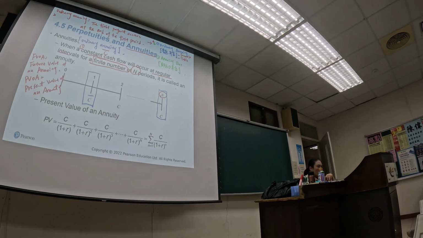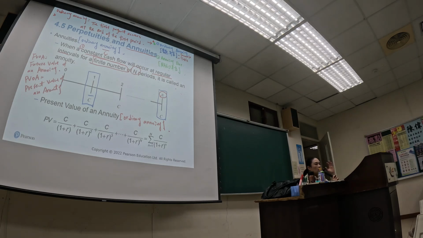So here at the bottom, for present value of an annuity, can you also specify this is referring to ordinary annuity? The first payment happened at the end of the first period. Okay?